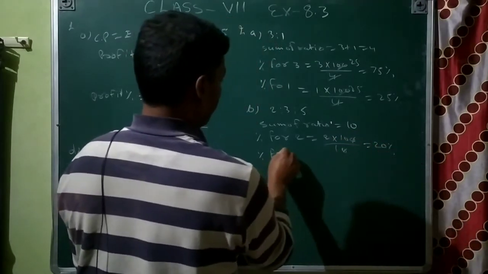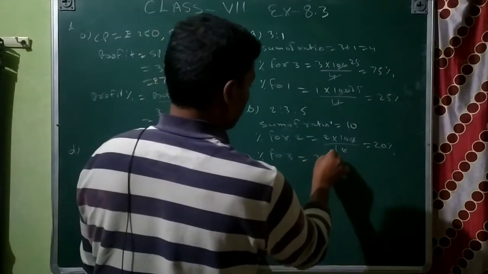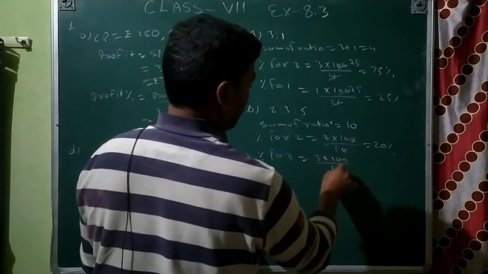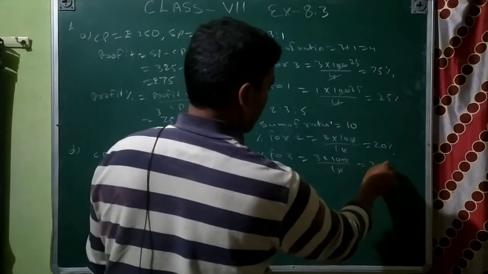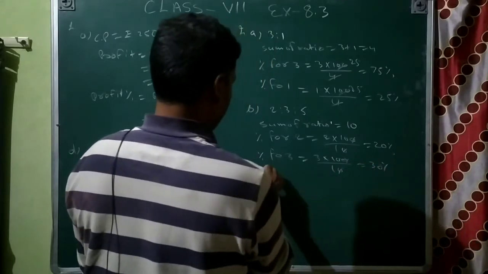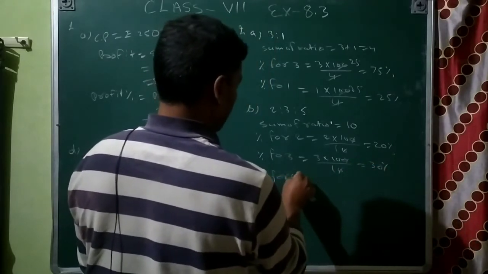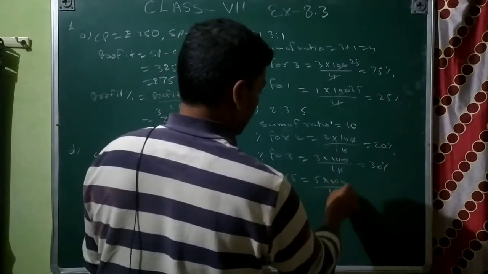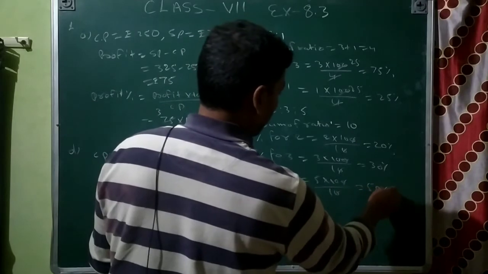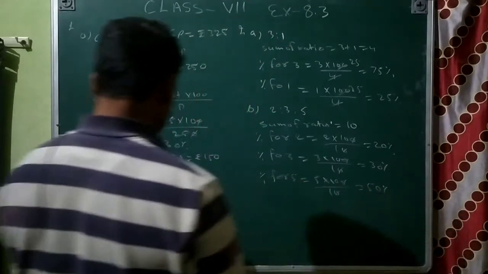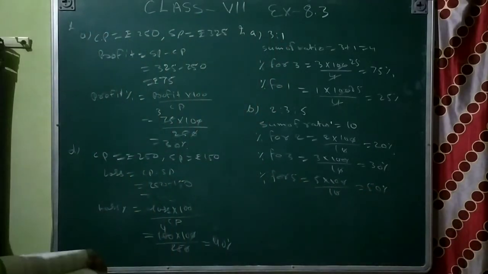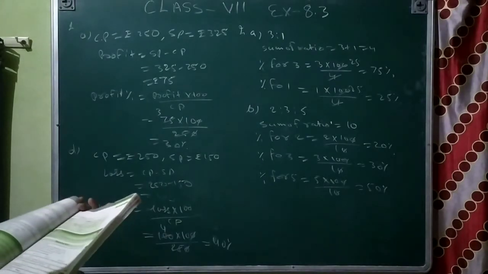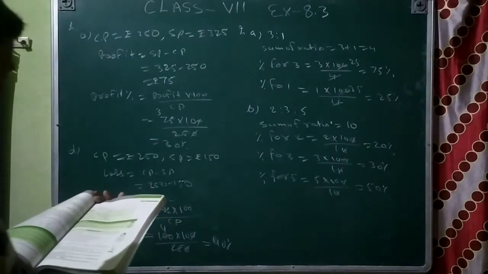Percent for 3, that is 3 into 100 upon 10, that is 30%. And then percent for 5, that is 5 into 100 upon 10, that is 50%.